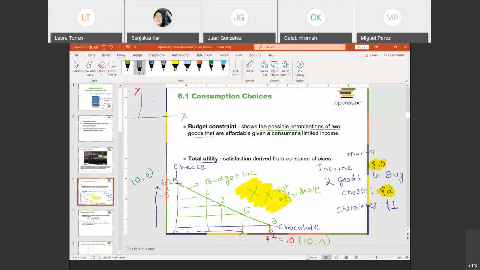If we have something inside the budget constraint, like a point F here, this is affordable but inefficient. We do not really want to be inside the budget constraint. What we really want is to be on the budget constraint. Every point on the budget constraint is efficient and affordable.